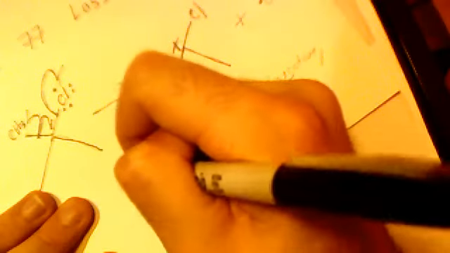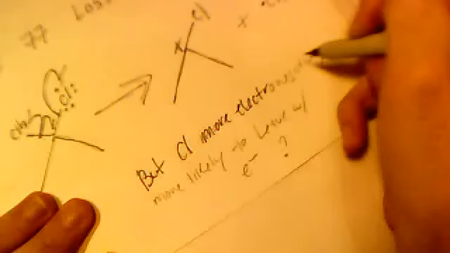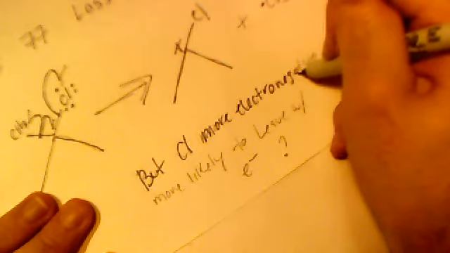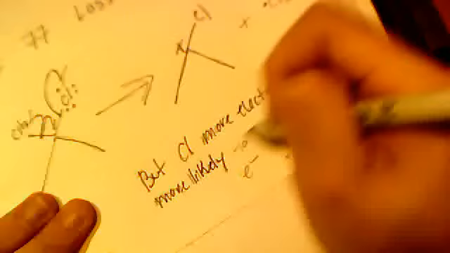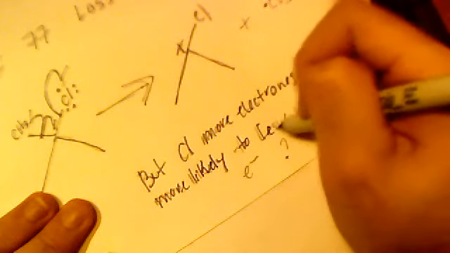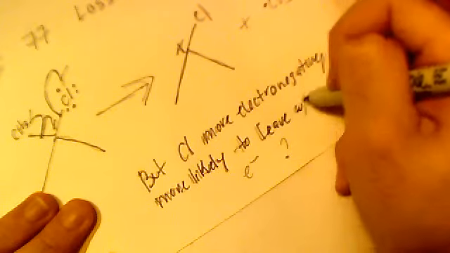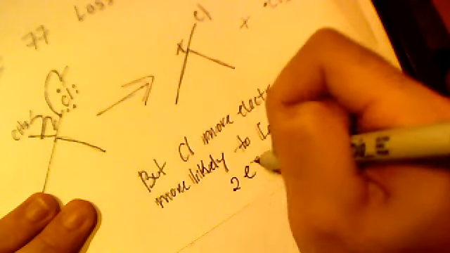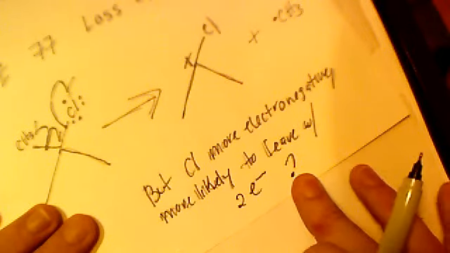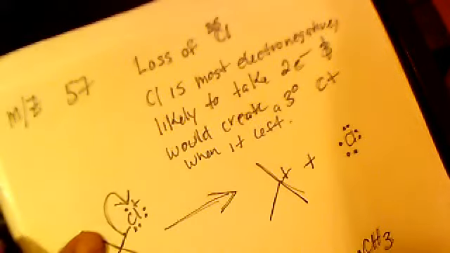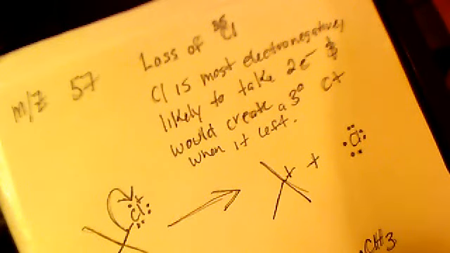But Cl is more electronegative and more likely to leave with 2 electrons. And that's what I'm assuming. Okay, that's my assumption on it. So that's why 57 is the best answer.